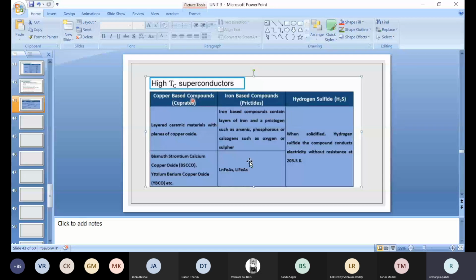Similarly, for iron based, these are the examples. I cannot name them, so these are the symbols we are using: Ln, Fe, and As. As is arsenic, Fe is iron.